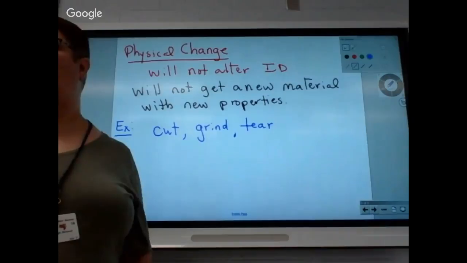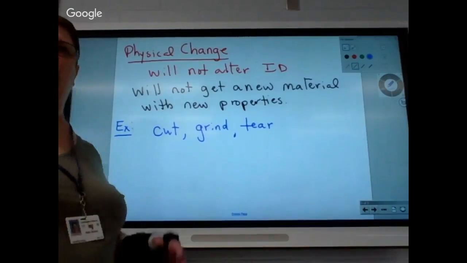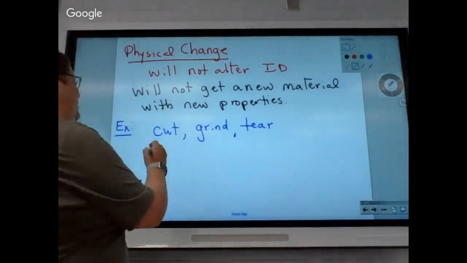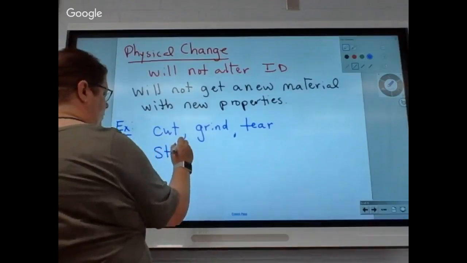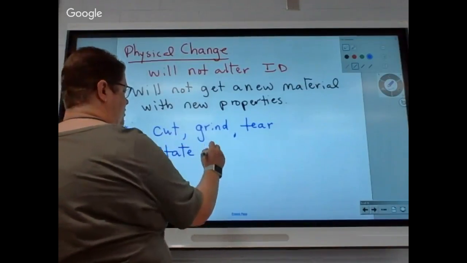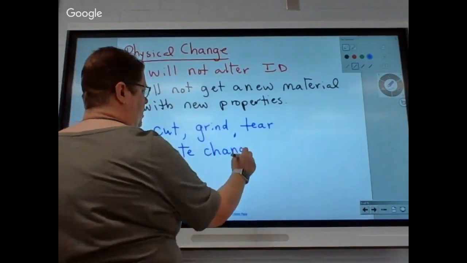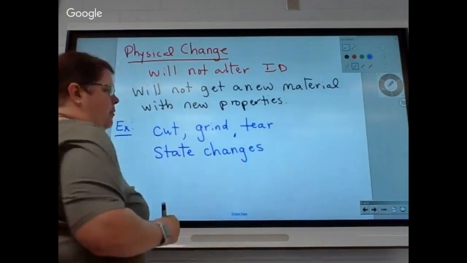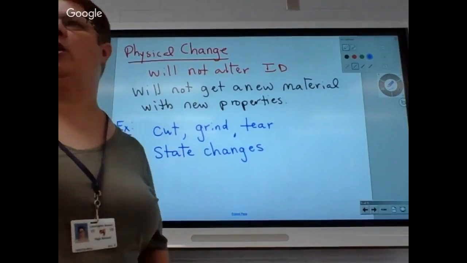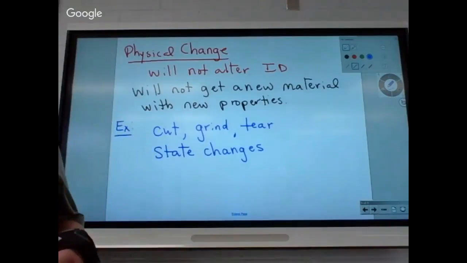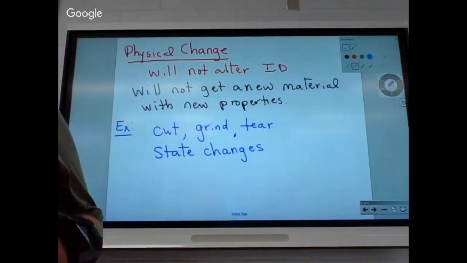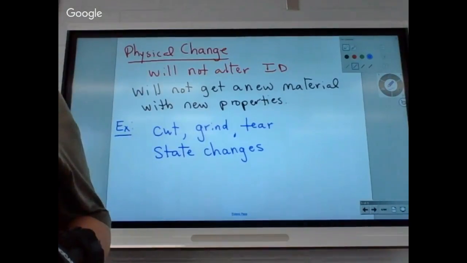But the biggest part that always causes issues for students under physical change are state changes, okay? State changes are usually where students get hung up under physical and chemical change, okay? So what are the state changes that fall under physical changes? Can anybody give me a state change?